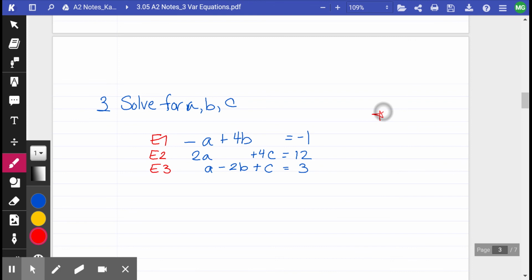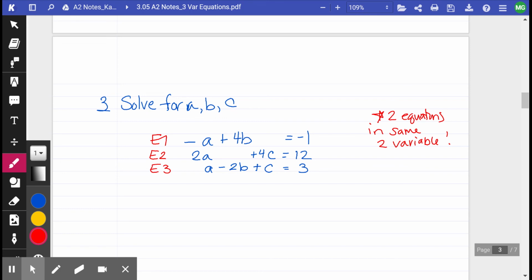So again, you want to be thinking, I need two equations in the same two variables. If I look here, I have one equation in A and B, the second one is in A and C, and the third is in A, B, C. So I don't have two equations in the same two variables.